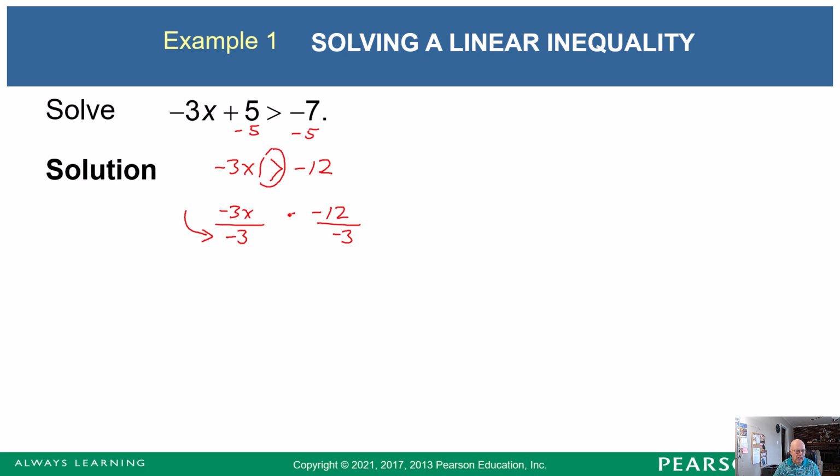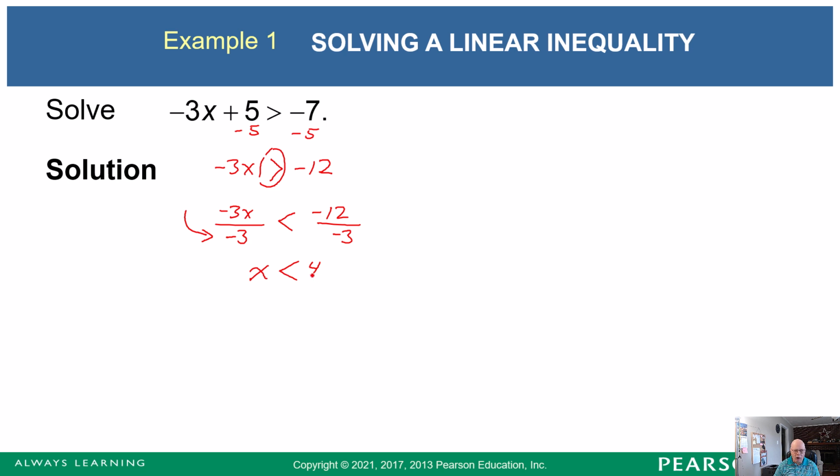So it becomes less than instead of greater than. And continue. So this gives us x, that's what we wanted, less than, and over here we get a 4. So the solution to that linear inequality is all numbers less than 4.